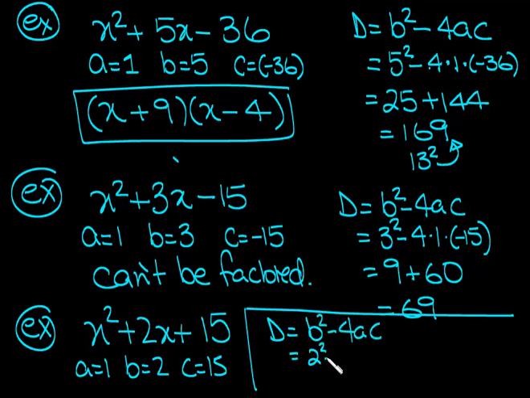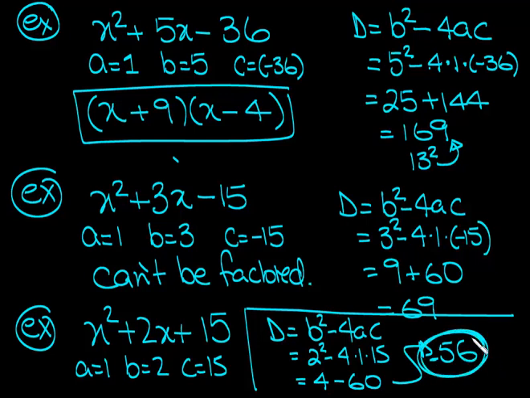So I get 2 squared minus 4 times 1 times 15. So I get 4 minus 60, right? So that gives me negative 56. Now remember, we're trying to find out if this is a perfect square, but that makes no sense, because if I square any number, if I take 2 times 2 or negative 2 times negative 2, whatever, I always get a positive number. So will I ever get a negative number back? No. So that tells me that this cannot be factored.